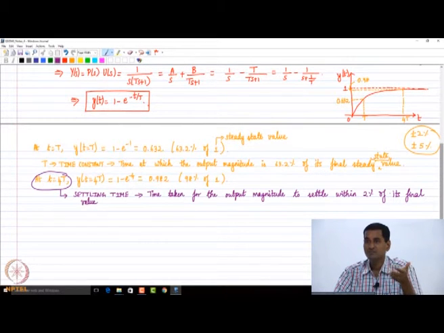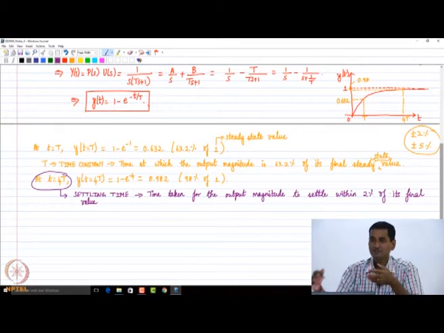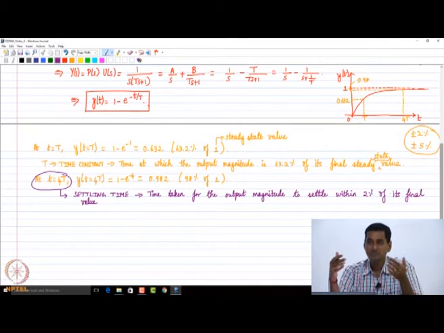When someone wants to talk about the speed of response of a system, whether it's an actuator or a sensor and so on, it is implicit that they are already visualizing that system as a stable first order LTI system, because that's where this parameter makes sense.